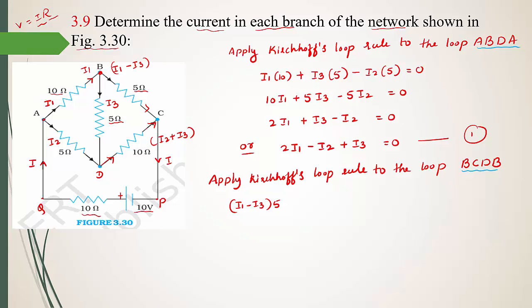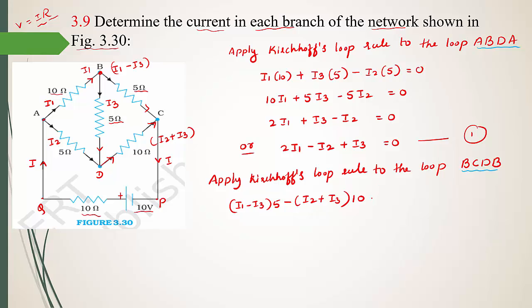We are moving from C to D, but the current is moving D to C. So it is opposite direction. Let us take negative. The amount of current flowing is I2 plus I3 through the resistor 10 ohm. C to D over. Then come to D to B. D to B, we are moving from D to B in upward direction, but the current is moving in downward direction.